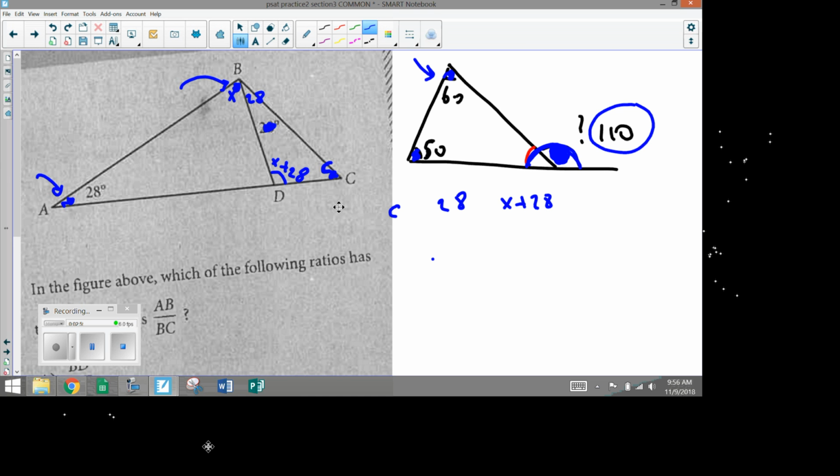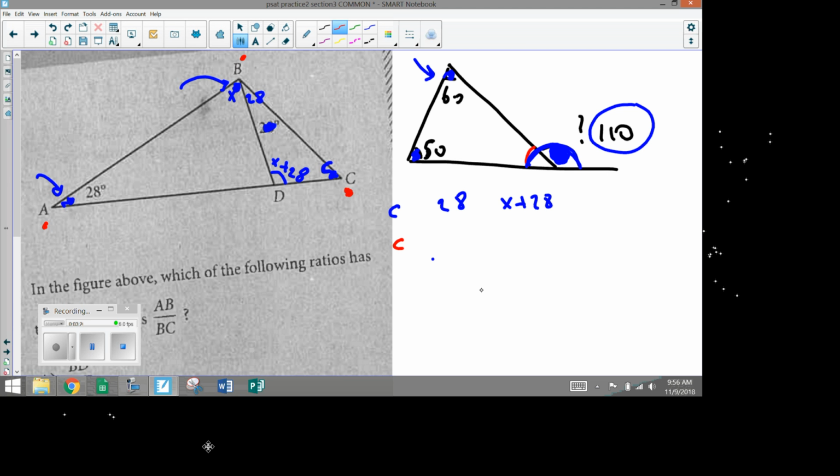And now I want you to look at the big picture, the bigger triangle. Check the measures of the angles. Isn't that the same? C and 28 and X plus 28. Look at the bigger triangle.